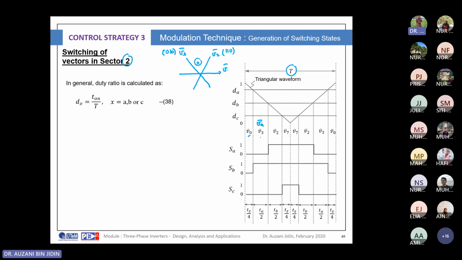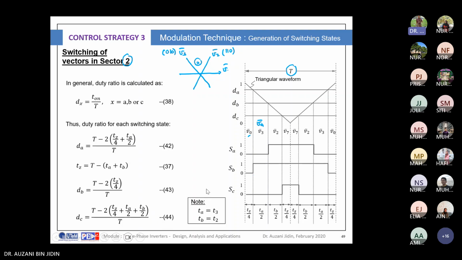Then the first adjacent vector will be V3, then go for V2, jump to V7 in the middle, then V2, V3, V0. Okay? So then you get this switching status profile. Right?